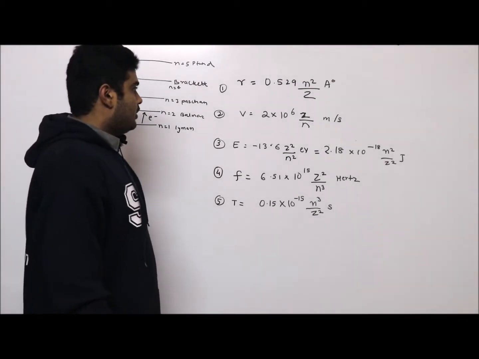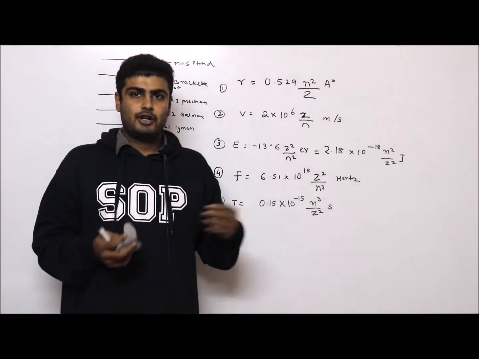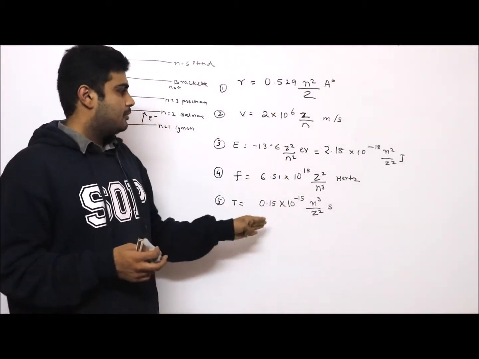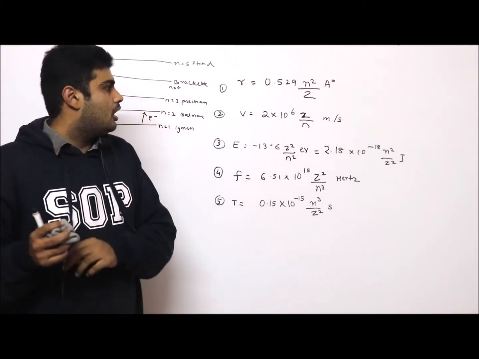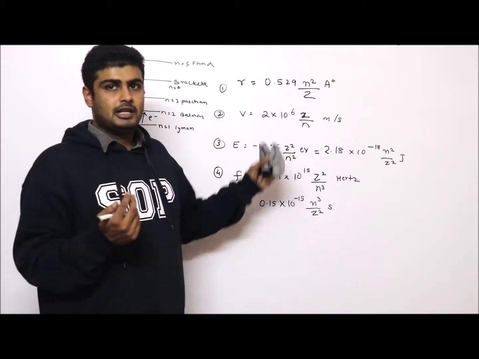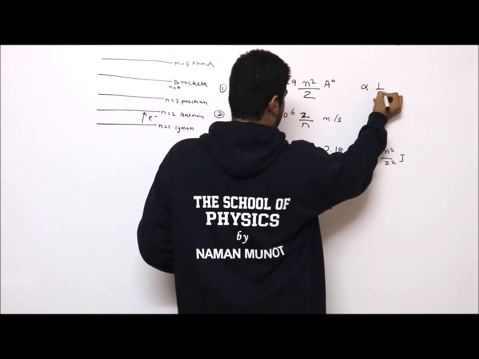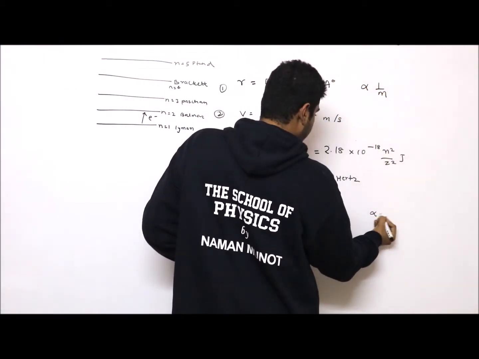And the mass of electron has already been included in calculating these numbers. But if I ask you the proportionality of these quantities with mass, the radius is inversely proportional to mass, and so is the time period.